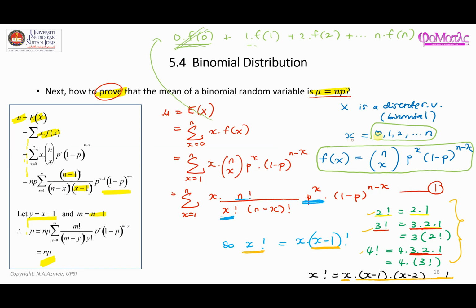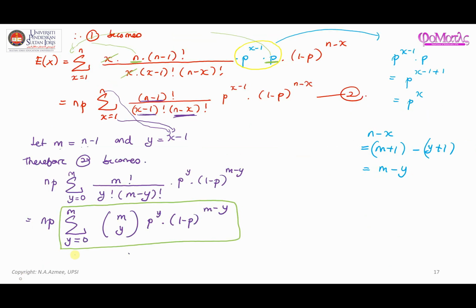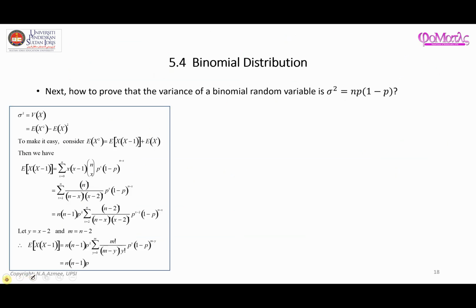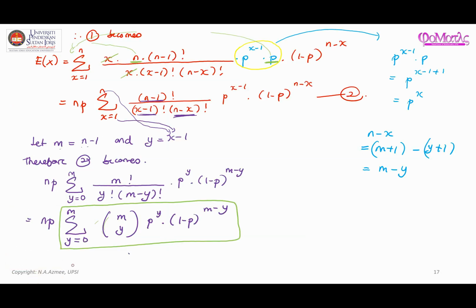So here we've got x from 0 until n, and here we've got y from 0 until m, and if you sum up, this is the probability of getting y equals 0, and then you add up the probability of getting y equals 1, and then you add up until the probability of getting y equals m. The process of adding up all the values here will result in 1. So we can write down the result here equals 1.